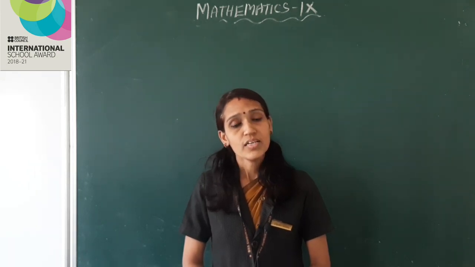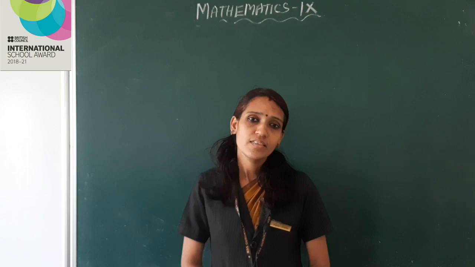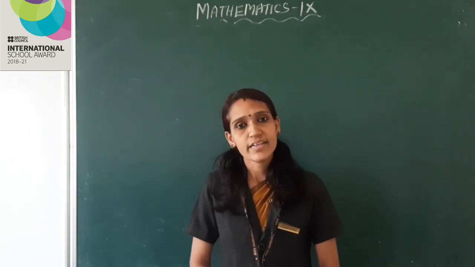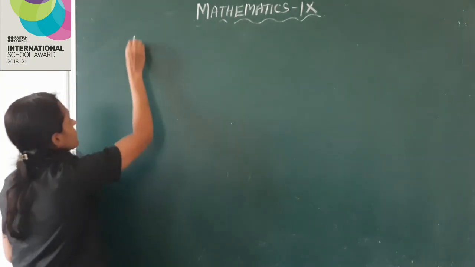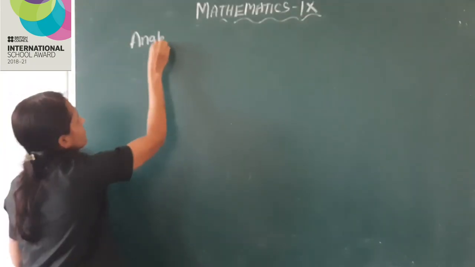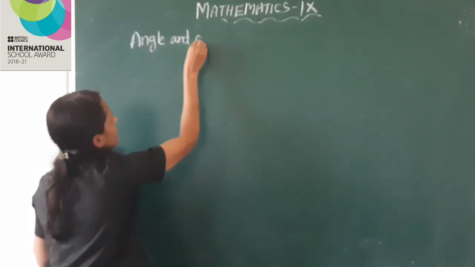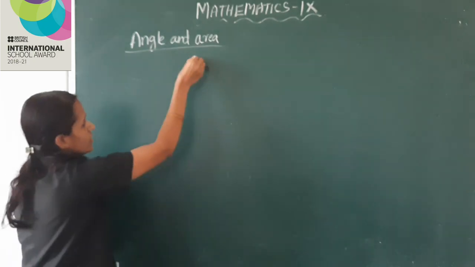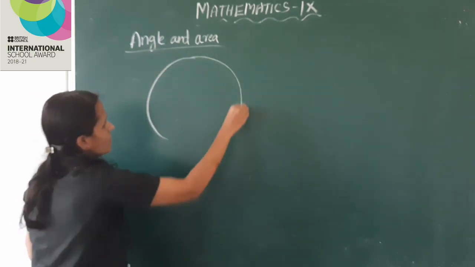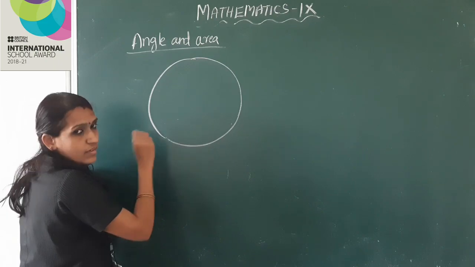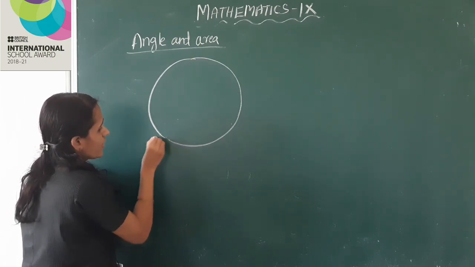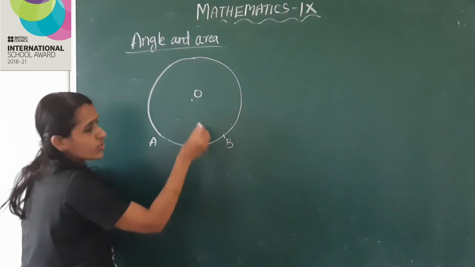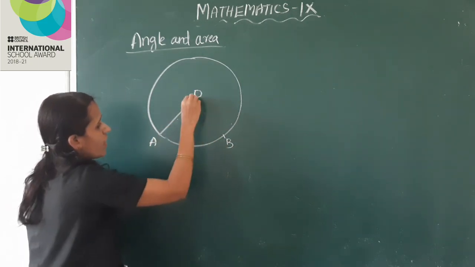Okay, now let us continue with our chapter, Circle Measures. Our topic is angle and area. See this circle. Mark the 2 points as A and B. Center O. Join OA and OB.